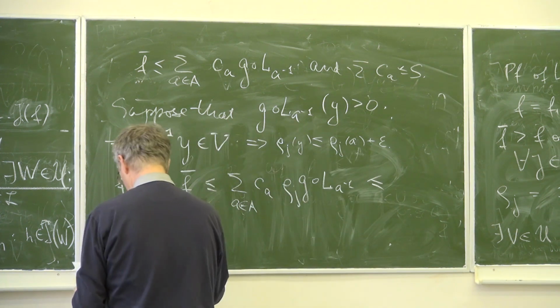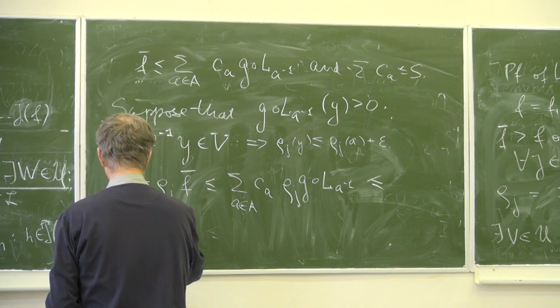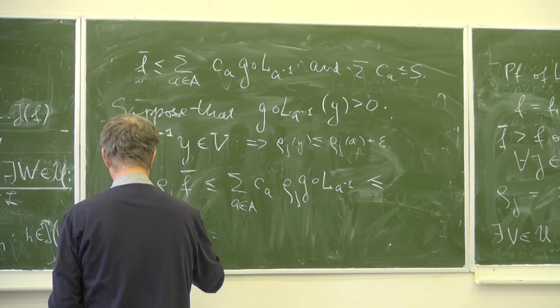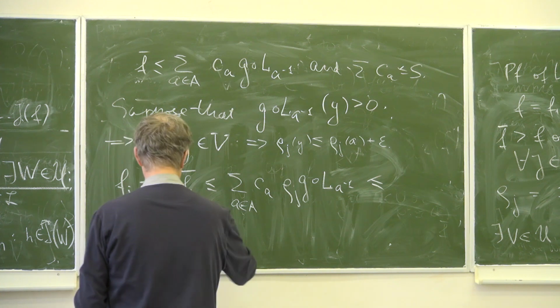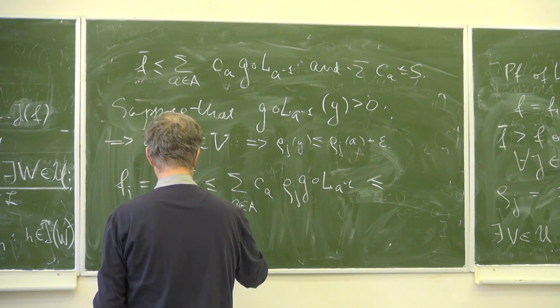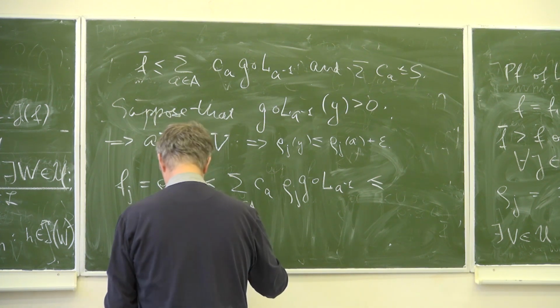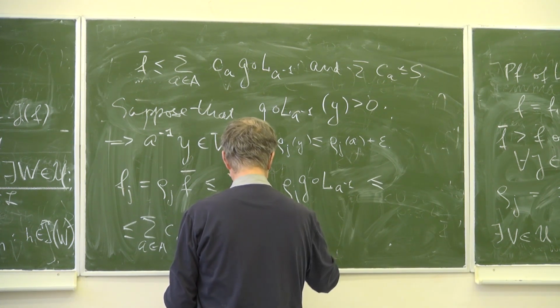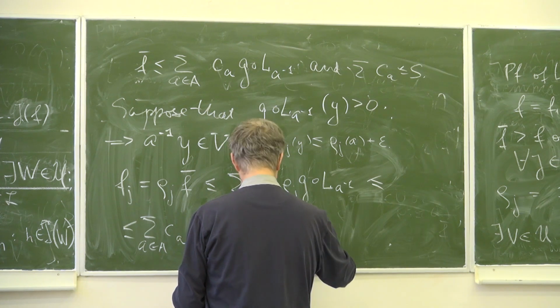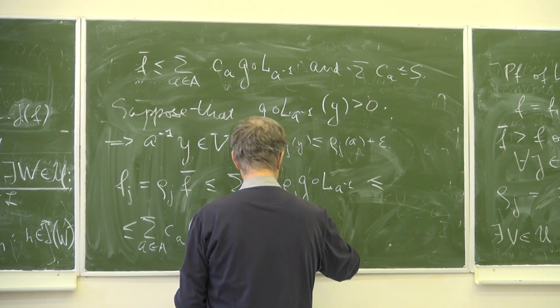So this is dominated by the sum over a in A of c_a times rho g of a plus epsilon, g composed with L_a minus 1.